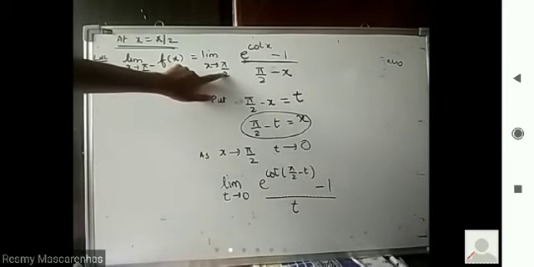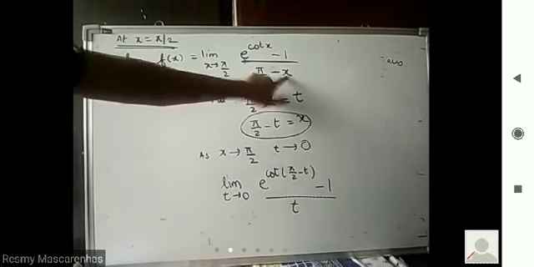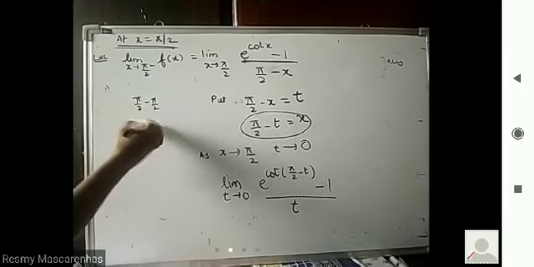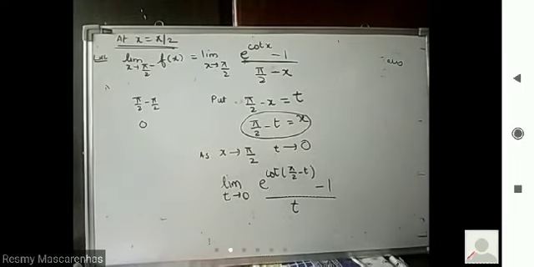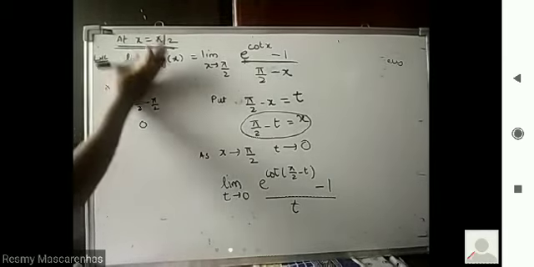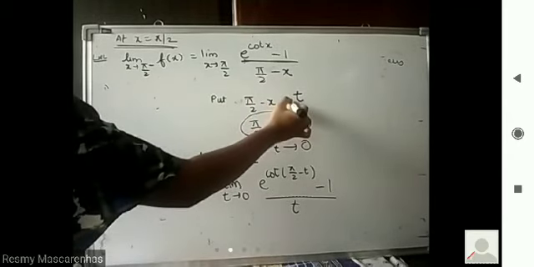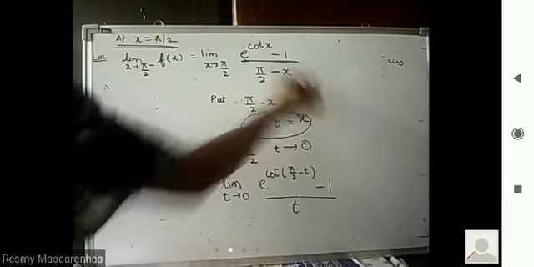If we had actually substituted x as pi by 2, how much would you get? Pi by 2 minus pi by 2 would be 0. So it cannot be in the 0 form. I told you denominator can never be 0. So that is why you have to go for substitution type. So what you do, this part should be equated to t, any random letter t.